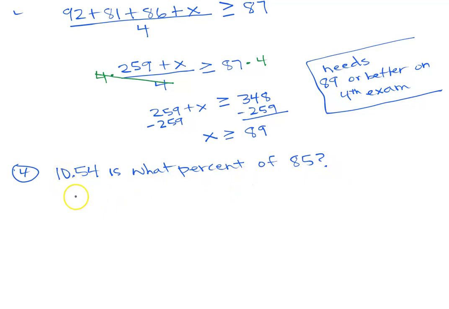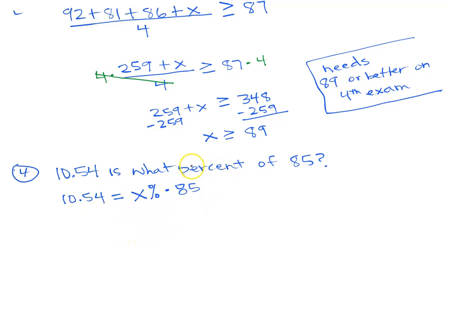So if I do that, I've got 10.54 is, in math, means equals, so we'll put equals. What percent, that's what we don't know, so I'm going to call that my variable x. And sometimes when I'm finding the percent, I like to put the little percent symbol there just to remind me that I need to have my answer as a percent when I write my final answer down. Of in math means multiply, so times, and then 85. So I can directly translate that to be able to do this.